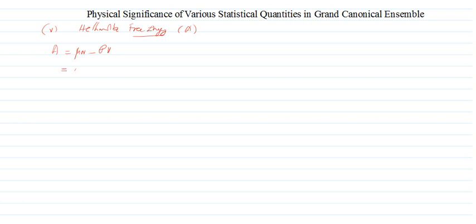So N times μ, now that we have obtained μ is equal to kT log of fugacity, minus PV. We have proved for the grand canonical ensemble that PV by kT is equal to log of capital Z. So PV can be written as kT log of Z.